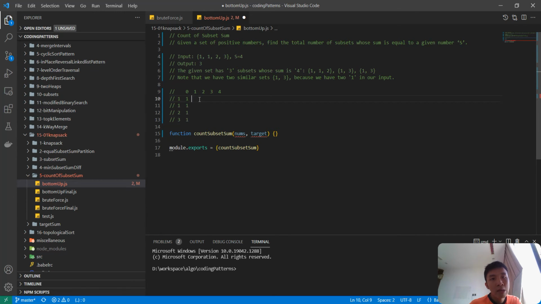So the other assumption here would be the first row, where we only consider 1.